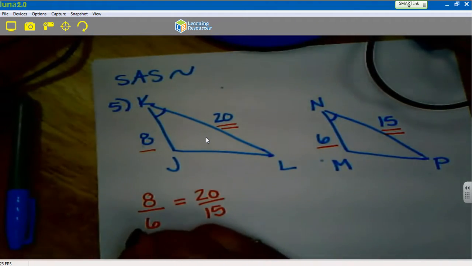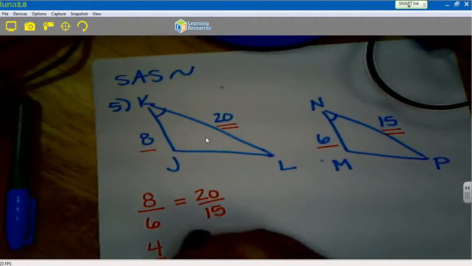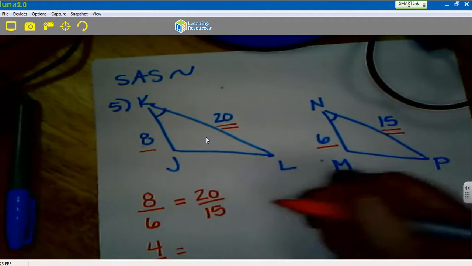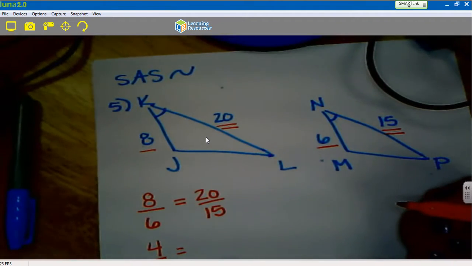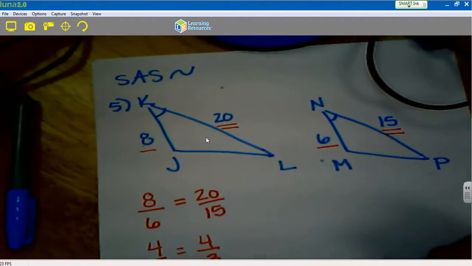Divide them both by 2, and we get 4/3. 20 and 15, they have a common factor of 5. Divide them both by 5, and we get 4/3. So those do, in fact, match.